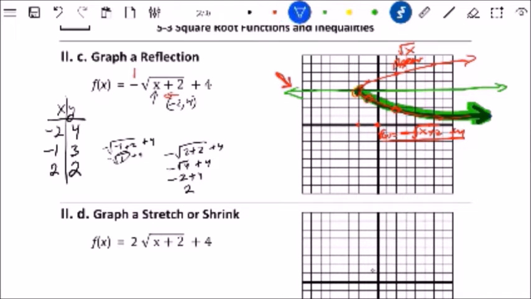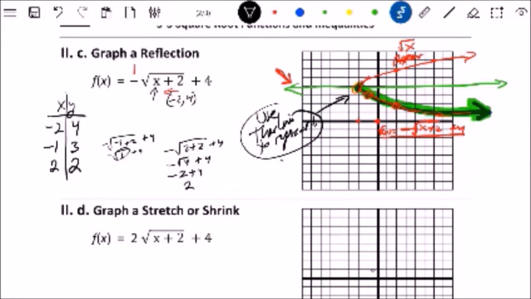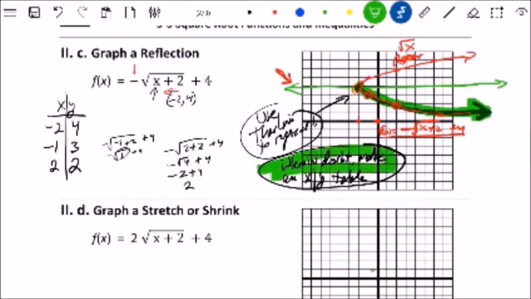So this part here is important: it's not reflecting over the x-axis, but rather it reflects over the horizontal line that goes through the beginning point. Right, so that's important. Use this line to reflect. And the big thing, when in doubt, make an XY table. That's an important point there. That's really important.